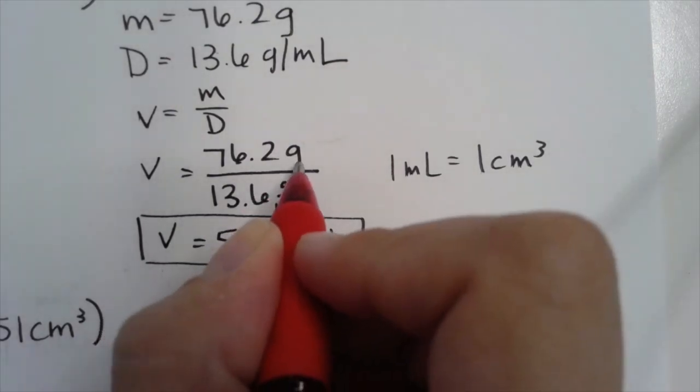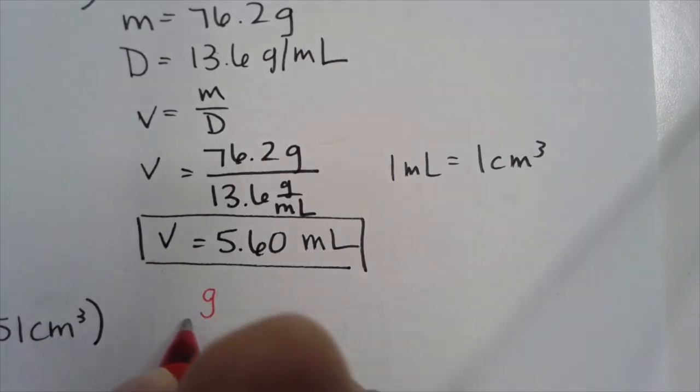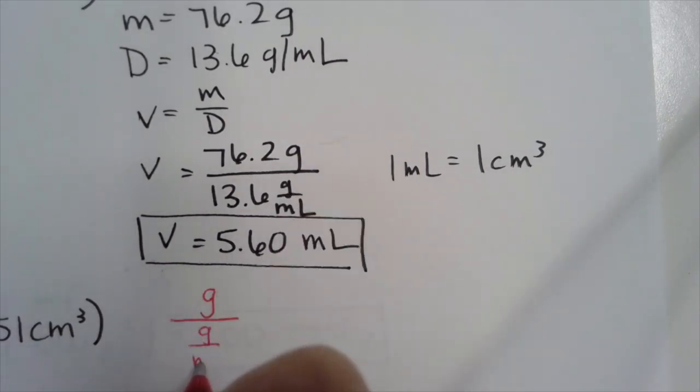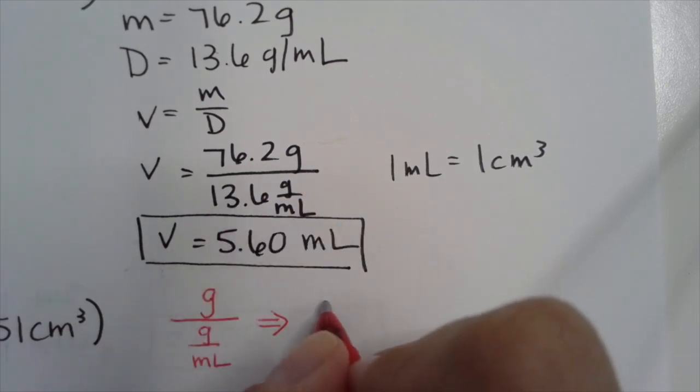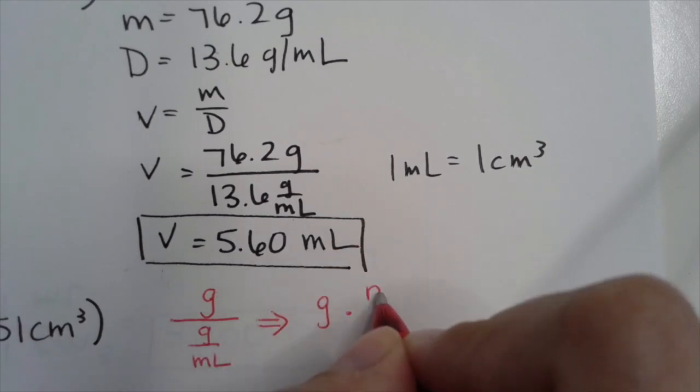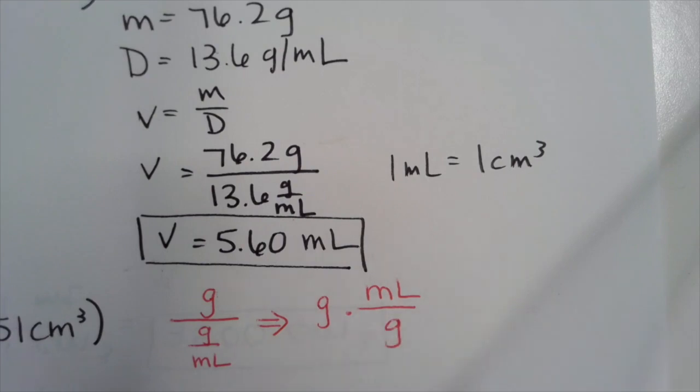So if I have units of grams divided by grams per milliliter, you can't really divide fractions, but rather you multiply by the reciprocal. You might remember doing that in one of your math classes. So grams times the reciprocal of grams per milliliter is milliliters per gram.